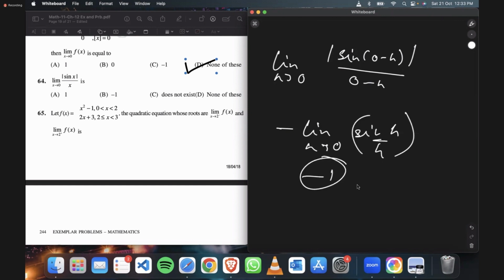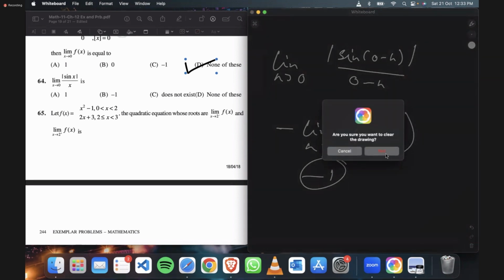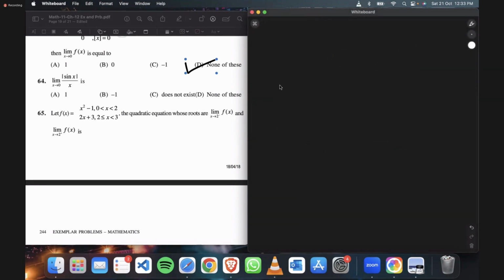Alright, simple enough. Now let's see what happens when we approach the same limit from the right hand side. So right hand limit x tends to 0 positive, modulo of sine x by x.